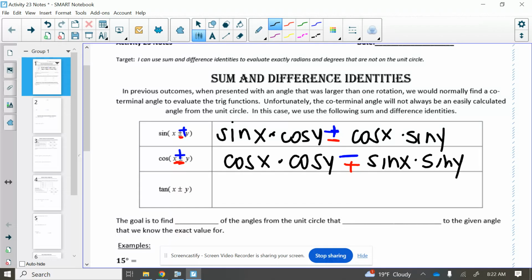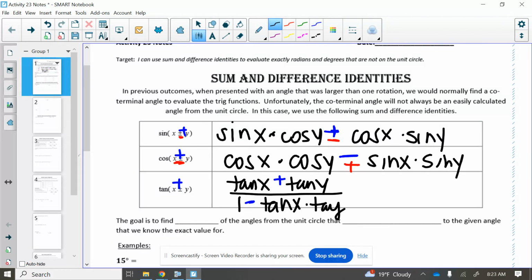For the tangent, it's going to be tangent of x plus, if you're adding, tangent of y, all divided by 1 minus, if you're adding the originals, tangent of x times tangent of y. If you're subtracting, this is subtraction, and this is addition down here.